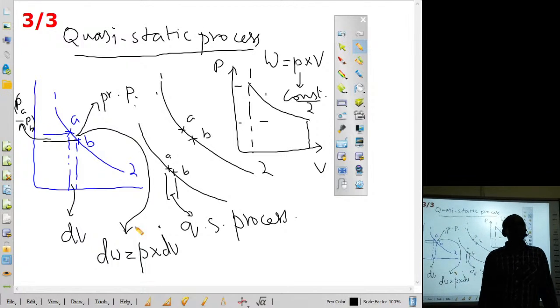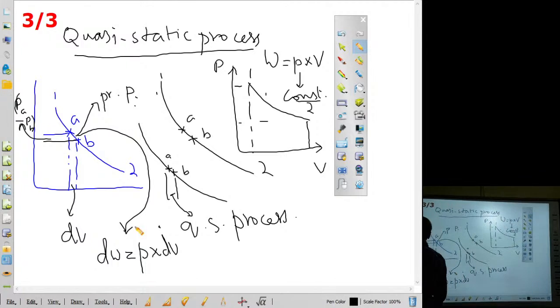Quasi-static process means, as I have already told you, you see it all in differential form. Since a quasi-static process is almost like a constant pressure condition, find the work done for all the quasi-static steps from beginning to end and add up everything, from 1 to 2.